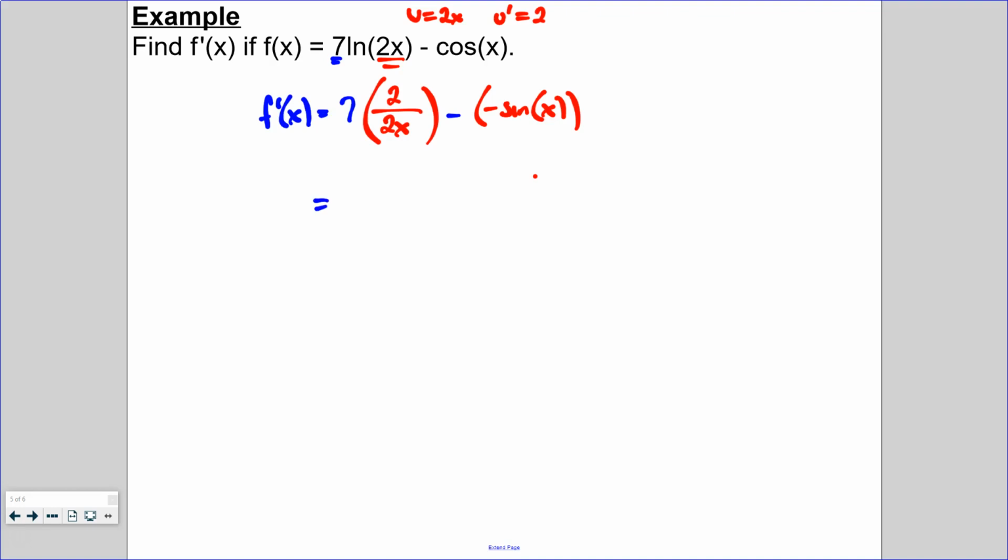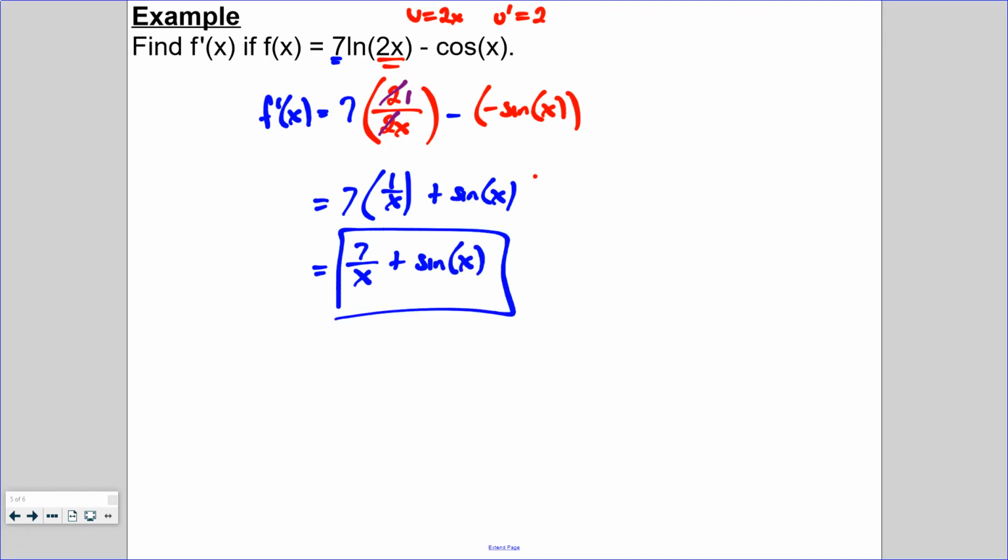And then from here we can simplify. The 2 in the numerator and the 2 in the denominator are going to cancel out, leaving us with 7 times 1 over x. And then minus a negative sign is going to be plus sine of x. Finally, 7 times 1 over x is going to be 7 over x, and then we just add the sine of x on to give us our final derivative.